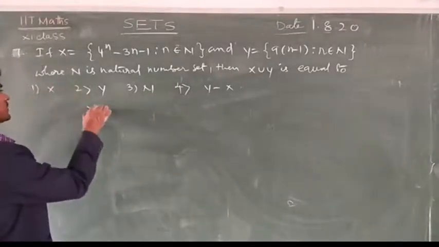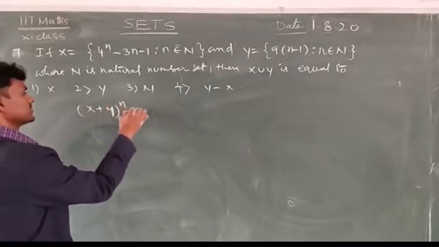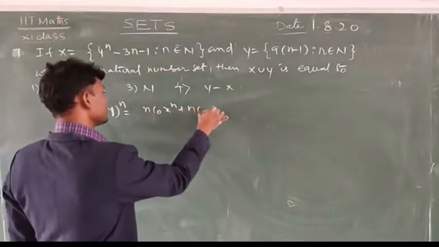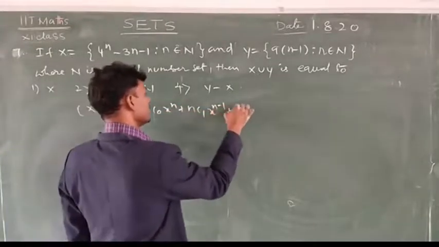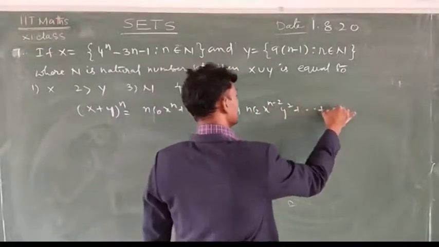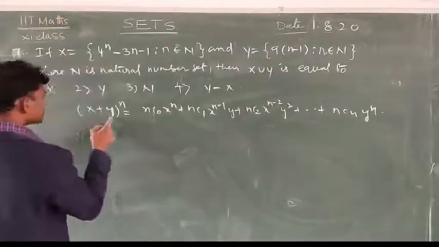Okay, here first we have to see the binomial expansion of (x plus y) to the power n, written as nC0 x^n plus nC1 x^(n minus 1) y plus nC2 x^(n minus 2) y squared, and so on up to nCn y^n. This is the binomial expansion of (x plus y) to the power n.